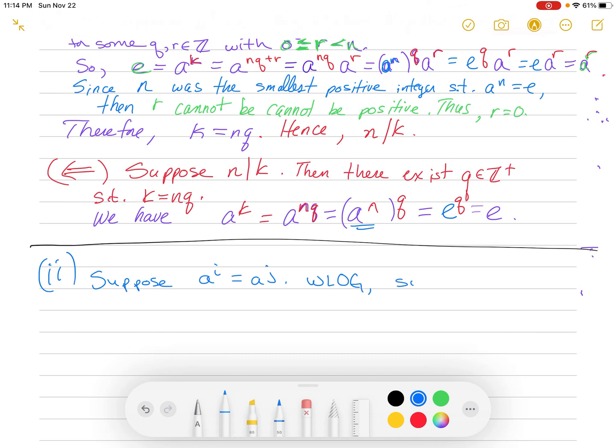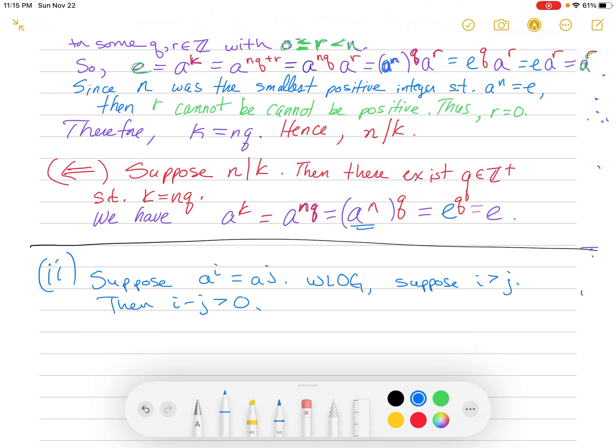Without loss of generality, suppose i is greater than j. Then that means i minus j is positive. So we have a positive integer.